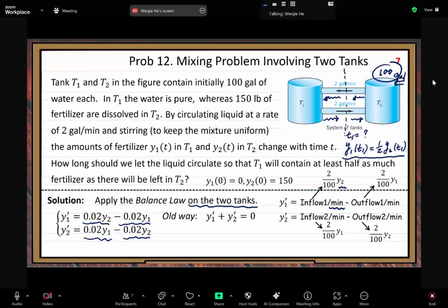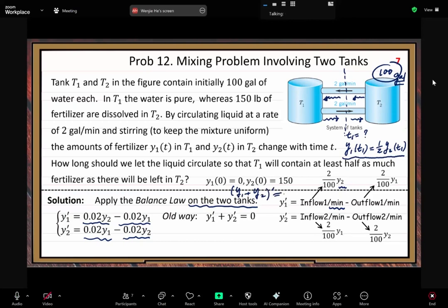So the derivative of y1 plus the derivative of y2 equals 0. Because the derivative has the linearity property, we can write (y1 plus y2) prime equals 0.